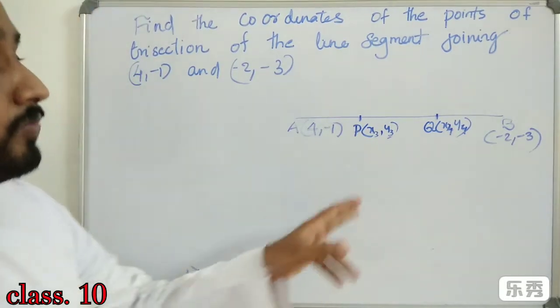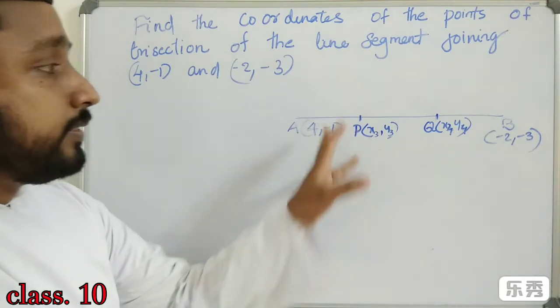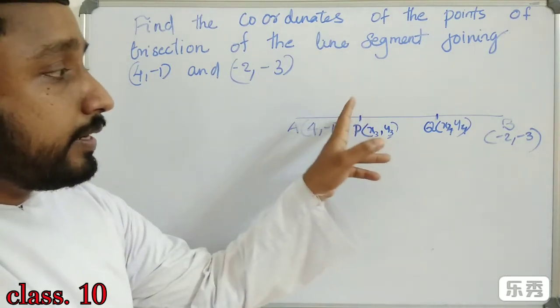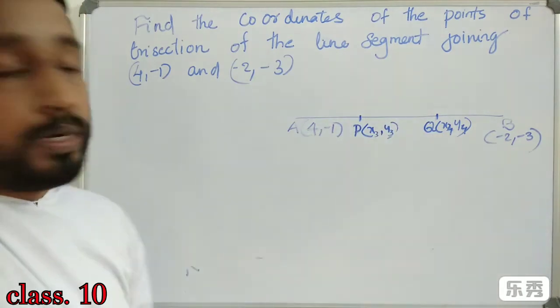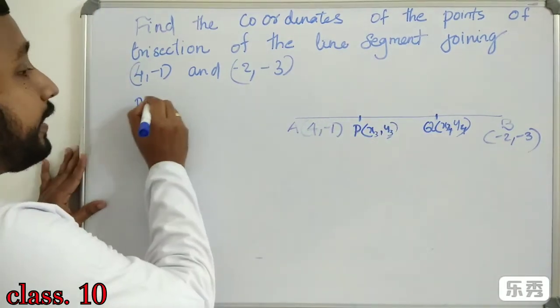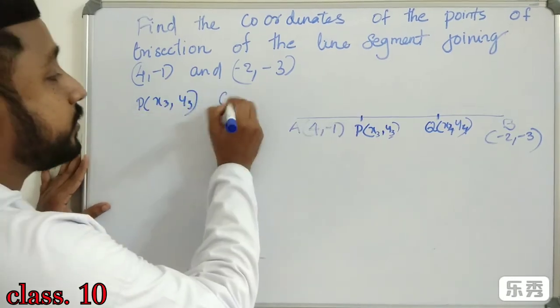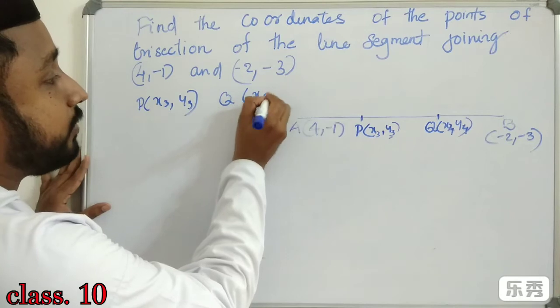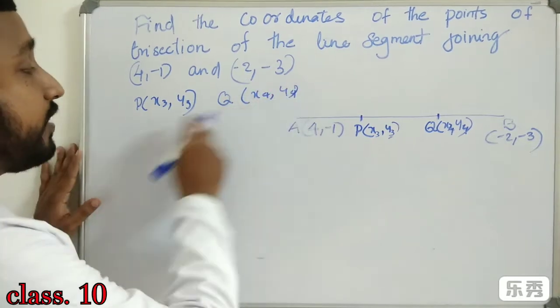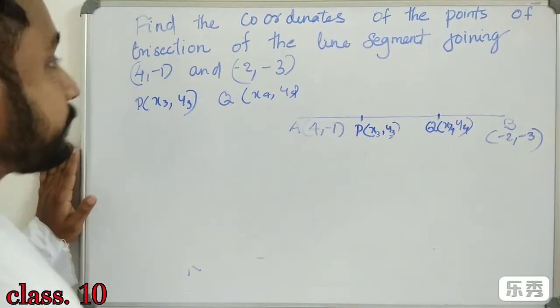So we have to find the 2 points P and Q. This is a trisection, dividing into 3 equal parts. So we have to find out P (x3, y3) and Q (x4, y4), the coordinates x3, y3 and x4, y4.